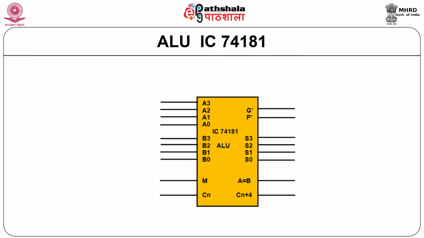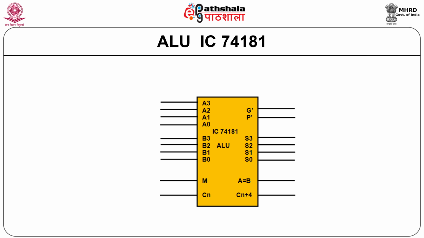Features of IC 74181. There are 3 important features. First, it has arithmetic modes, providing functions like addition, subtraction, shift operands by 1-bit position, magnitude comparison and 12 other arithmetic operations.